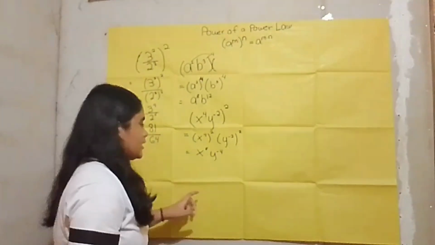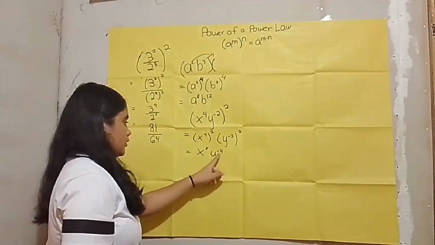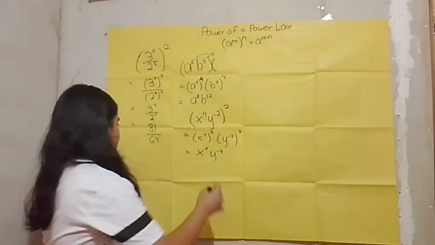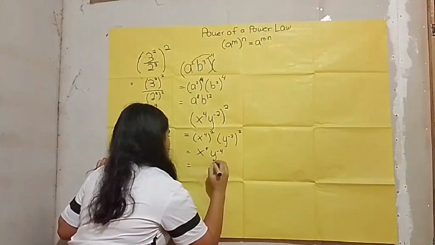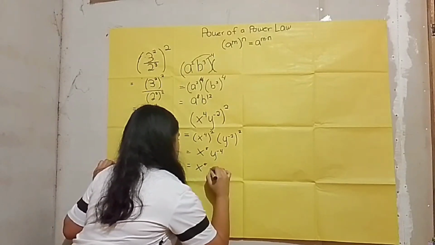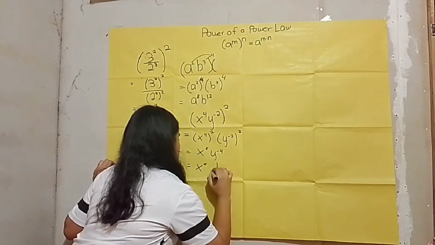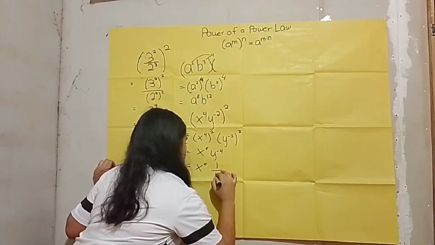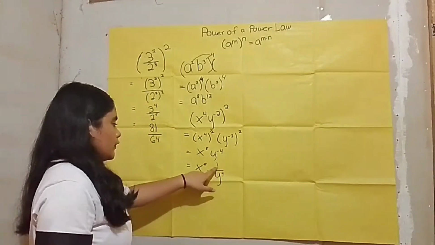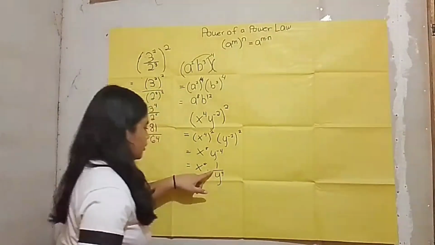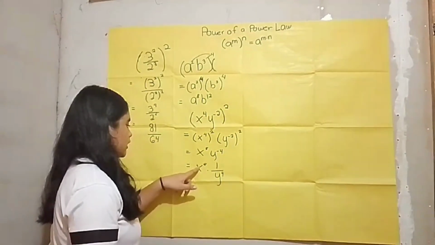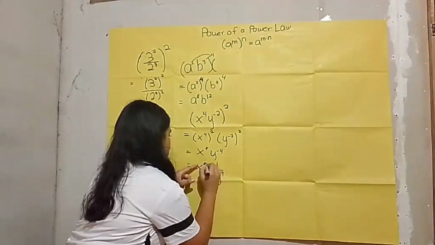This cannot be the final answer yet because the exponent is negative. So we use the reciprocal, 1 over y to the power of 4. Then we multiply it with x to the power of 8.